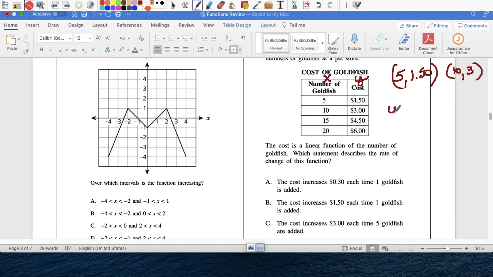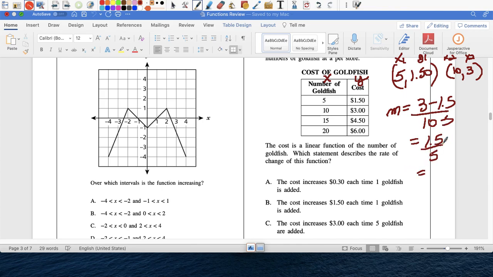And you can find the slope or the change, right? That's going to give us the change. So slope, let's do x1, y1, x2, y2. 3 minus 1.50, 10 minus 5, so we get 3 minus 1.50 is $1.50, and then 10 minus 5 is 5.